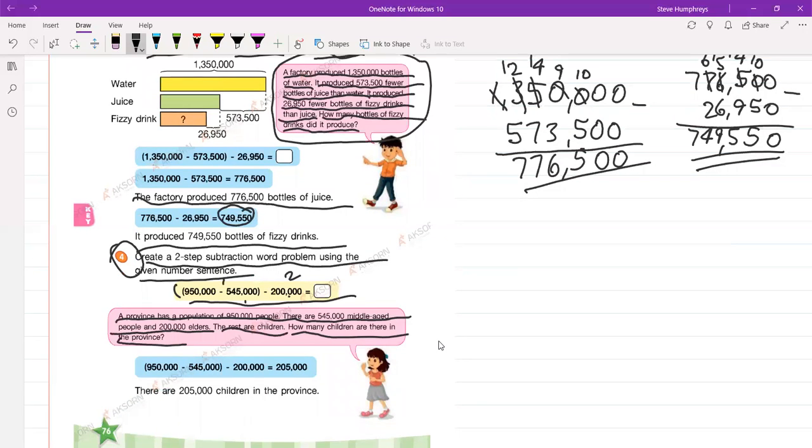Two steps, okay? The total, 950,000 minus the amount of middle-aged people, which is 545,000, that's step 1.